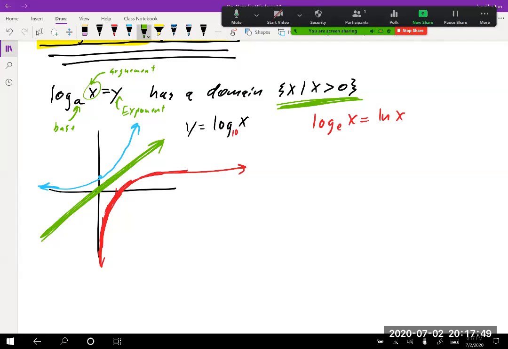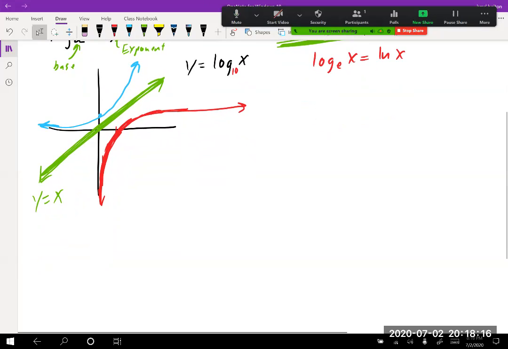So we talked about this line, y equals x, and if two functions were reflections across that, then more than likely, if you verify everything, that they are in fact inverses. So this leads us to believe that exponential functions and logarithmic functions are inverses of each other. So that's something that we will notice throughout the course. Logarithms and exponential functions kind of go hand in hand. Where there's one, you'll probably find another.